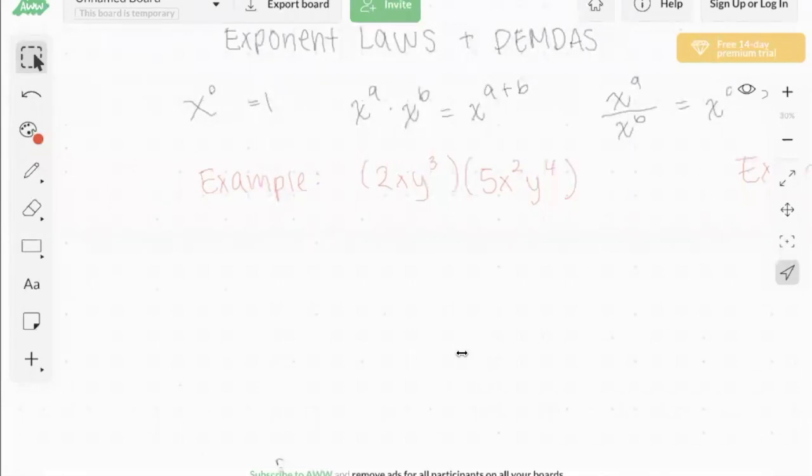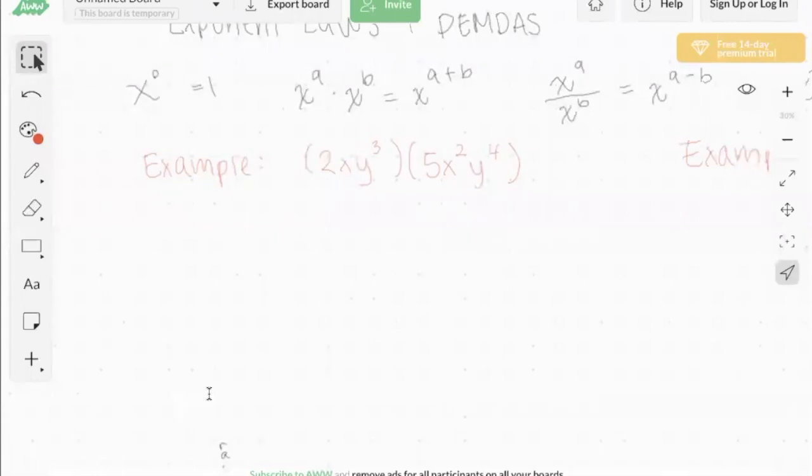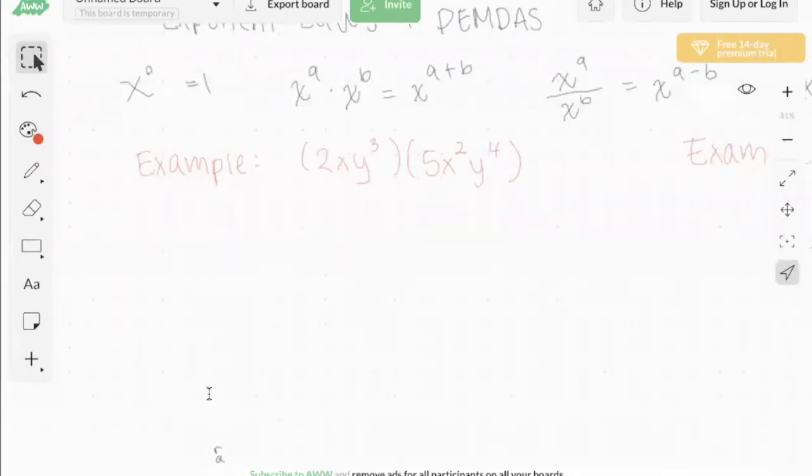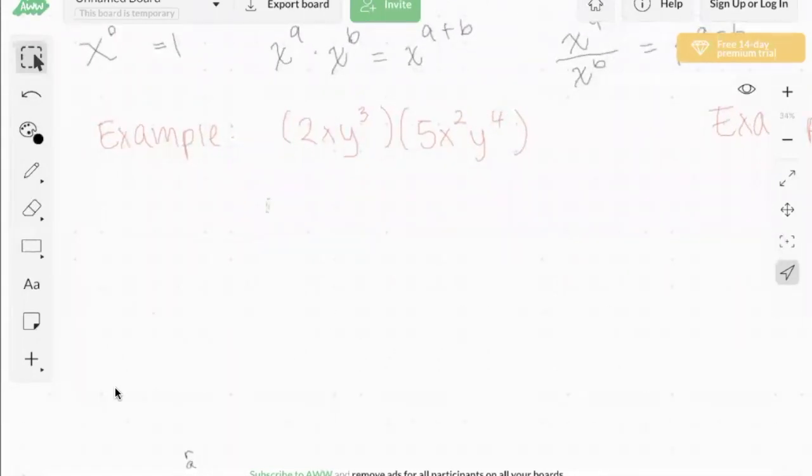The first one we have is 2xy to the power of 3 times 5x squared times y to the power of 4. In this case, we first want to rearrange the numbers and the variables so that we can group them up into 2 times 5 times x times x squared times y cubed times y to the 4.